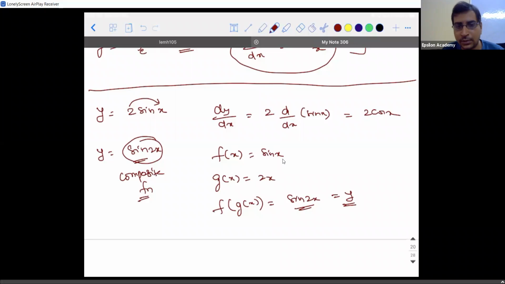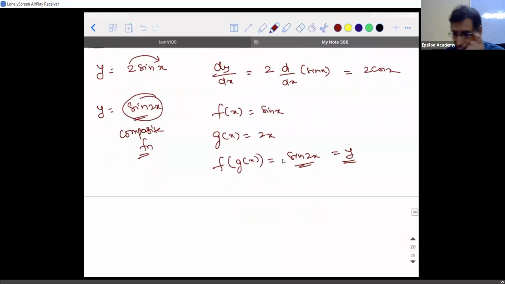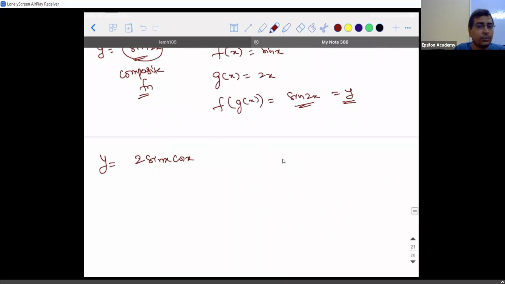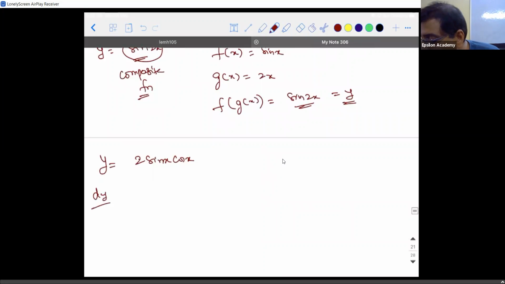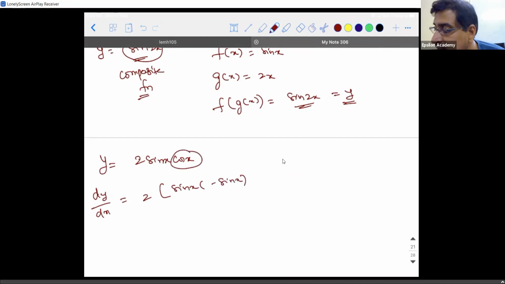Now the question is, how are you going to differentiate this? You can say, sir, I know the formula for sin 2x. I will write it as 2 sin x into cos x. Correct? Now what has happened? It has become a product of two functions. Now what will you do? dy by dx is equal to 2 times sin x into derivative of cos x, which is minus sin x, plus cos x into derivative of sin x, which is cos x.